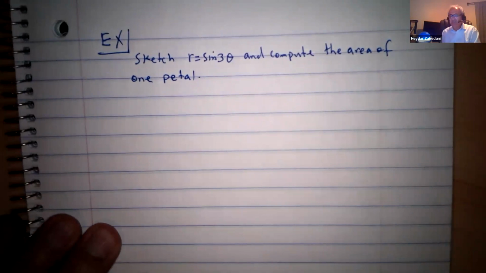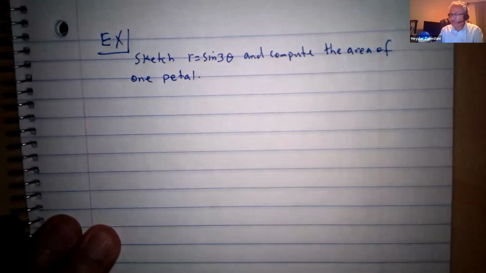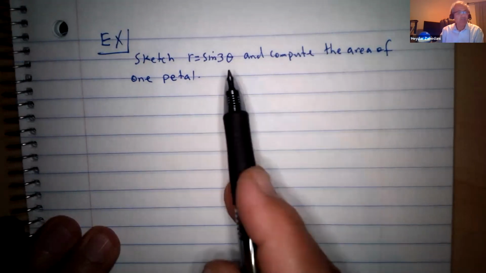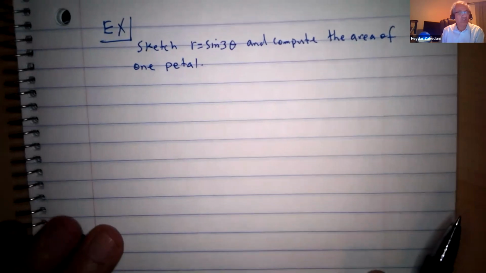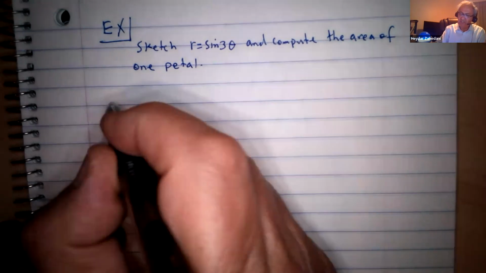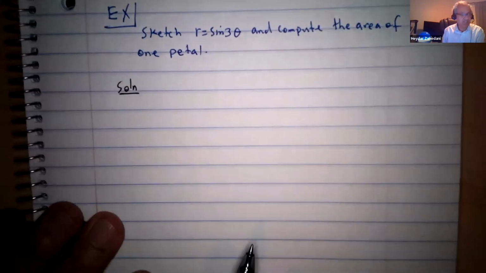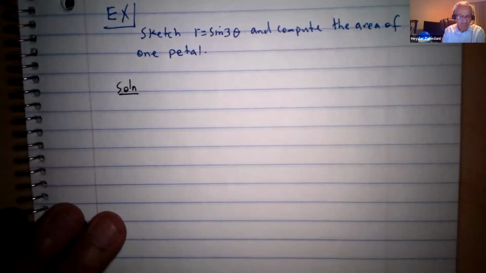The 3 is an odd number, so it's going to be a rose with 3 petals. And we will talk about how we're going to do it. This was some idea of the trigonometric function I told you the other night. The way you can do it quickly is you may think about it as in the pre-calculus case.